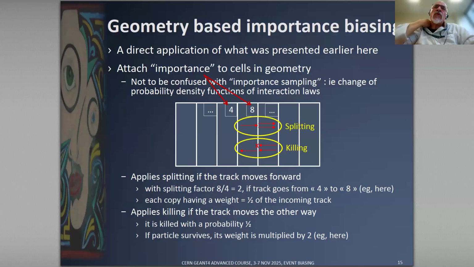The splitting factor is the ratio of two consecutive importances. So again, I would simply repeat that if you go from the slice with importance 8 to importance 16, then the splitting factor will be 2, and so you will split the track by a factor 2. So we can go to the next slide.